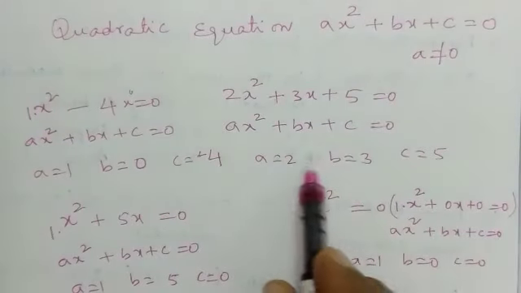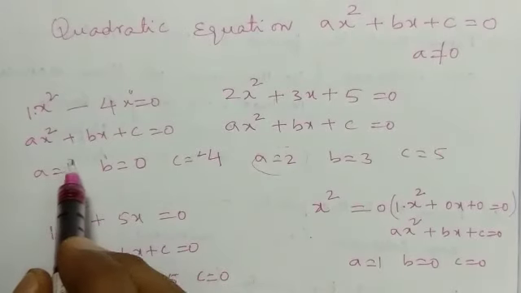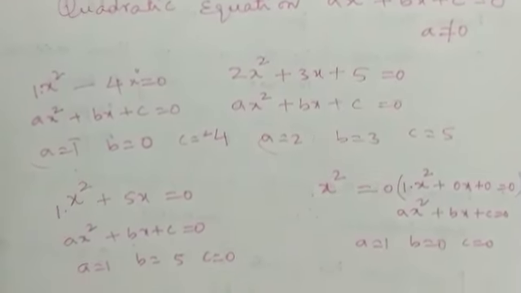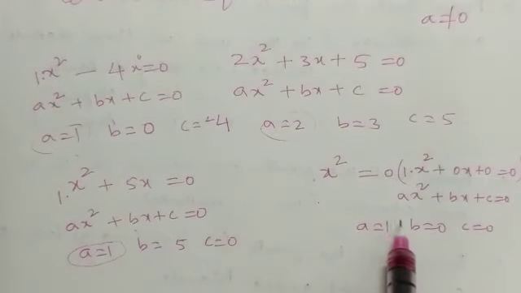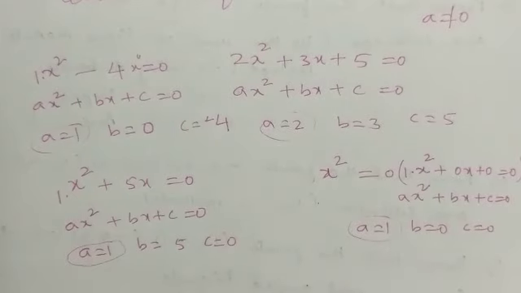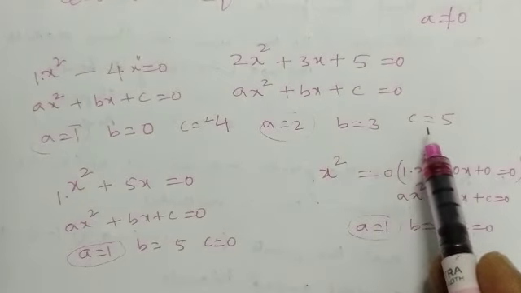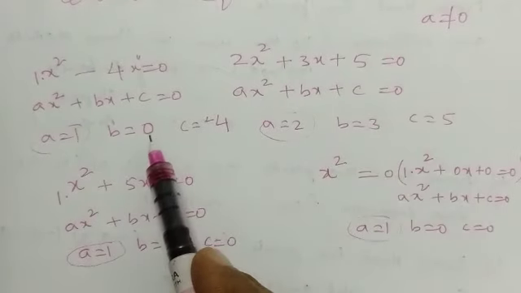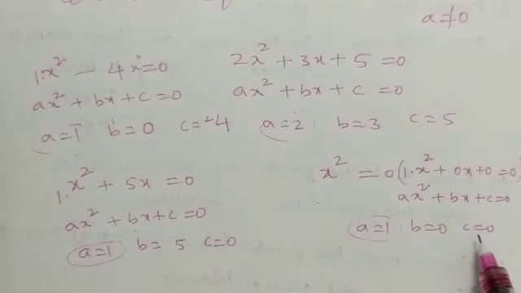Here a is 1, which is not equal to 0. Observe b and c: b is 0 here, here c is 0, and in this example, b and c are both zeros.